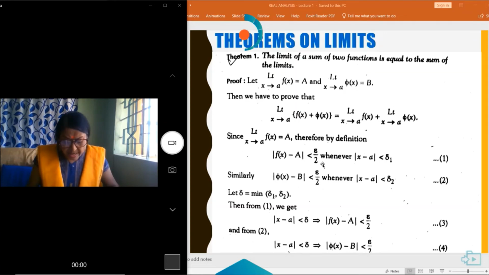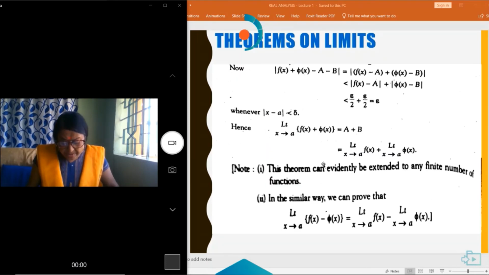This implies modulus of f(x) minus A is less than zeta by 2, and modulus of phi(x) minus B is less than zeta by 2. Then f(x) plus phi(x) minus (A plus B) can be written as (f(x) minus A) plus (phi(x) minus B).